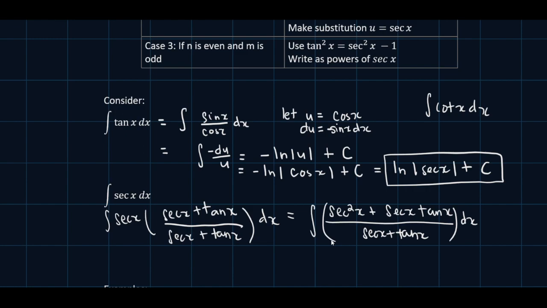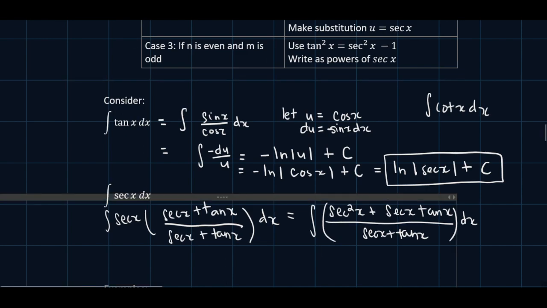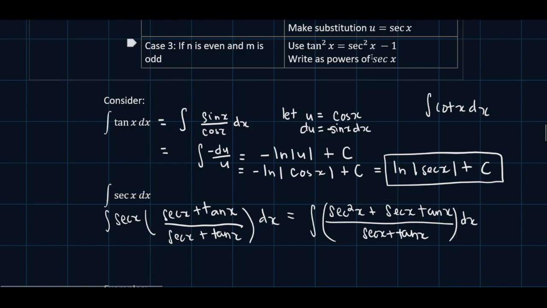Okay, from here, notice that we have secant squared x plus secant x tangent x in the numerator. Now, if we consider our u to be the entire denominator, let u be equal to secant x plus tangent x.